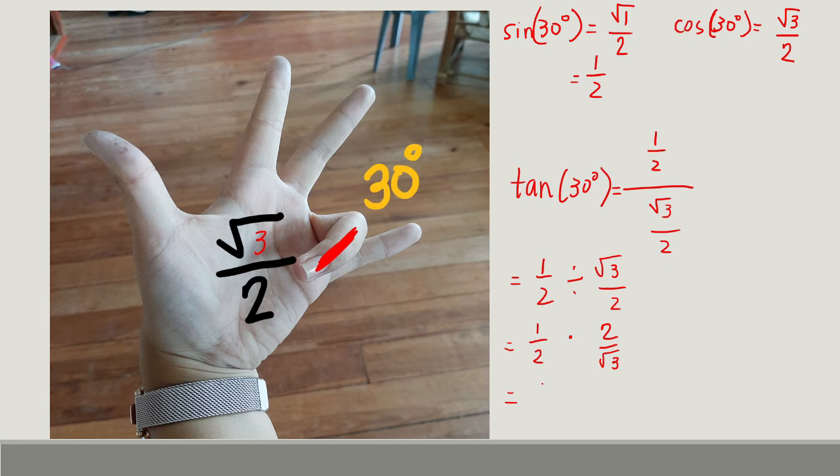So 1 times 2 is 2. And 2 times square root of 3 is 2 square root of 3. And as you can see, may pwedeng makancel. So the answer here is 1 over the square root of 3. But in mathematics, ayaw natin na sa denominator ay may square root. So we have to rationalize the denominator. And how do we rationalize the denominator?